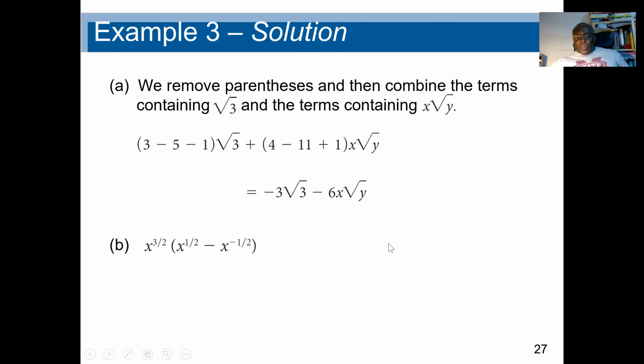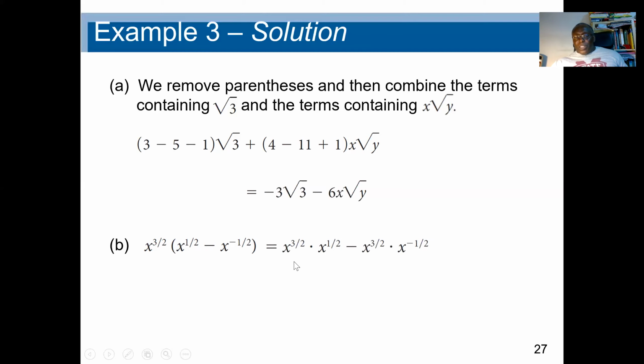Now let's try the second question. Here we are going to use the rules of exponents because we can see all the bases are the same, and we are multiplying x to the power 3 over 2 by the terms in the parentheses. If I want to, I can combine these two terms first if it's possible, or I can just multiply the outside term with everything inside.